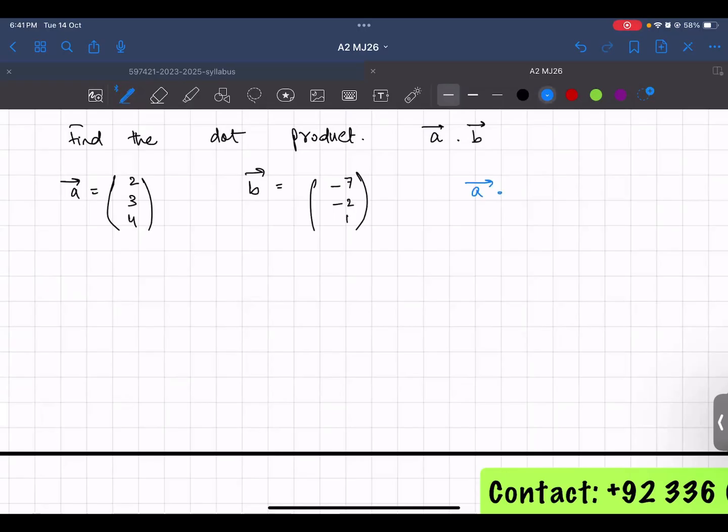You write it like this: 2, 3, 4, dot in between, and then -7, -2, and 1. And it is easier than the previous thing.